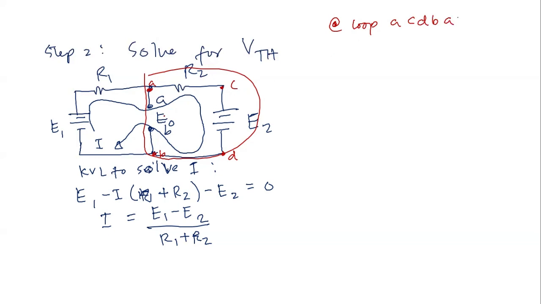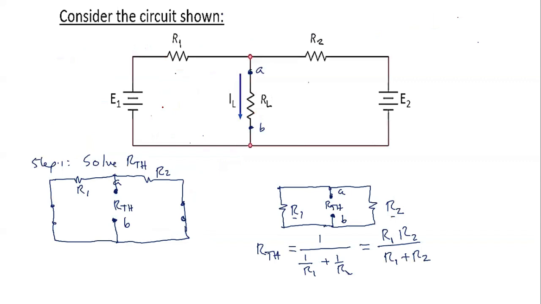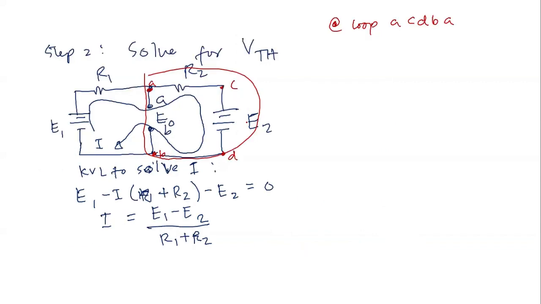Now what is the sign of the EO? If we go back to our circuit, the current here is going downward, so it leaves plus and minus here. So if we disconnect the RL, the terminal A is plus and the terminal B is minus.